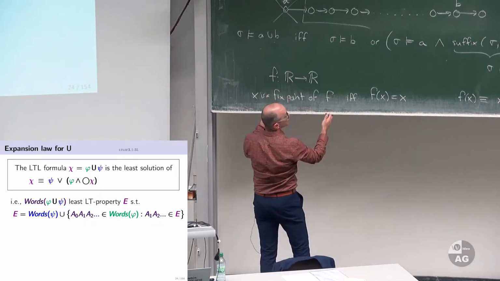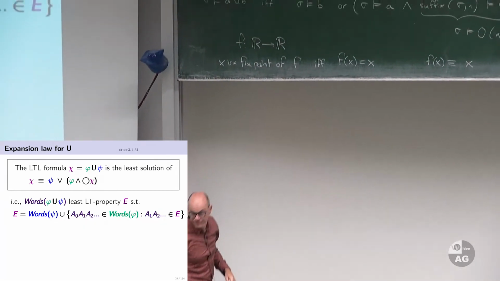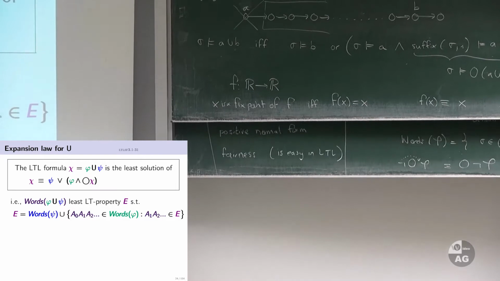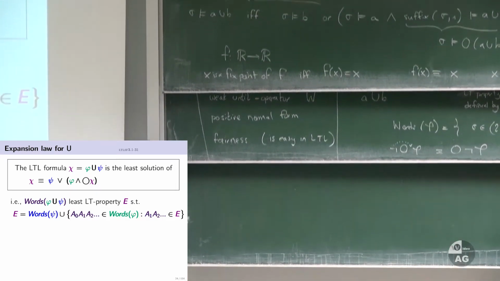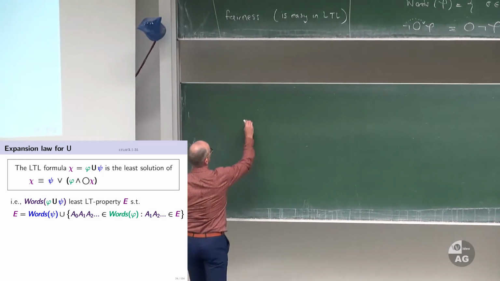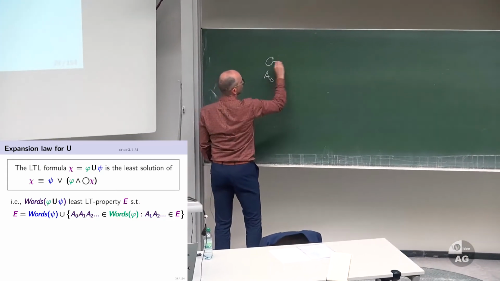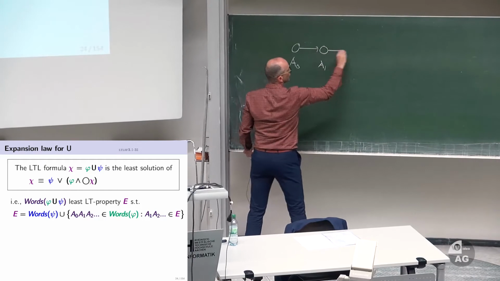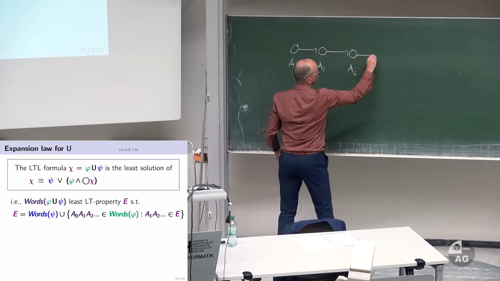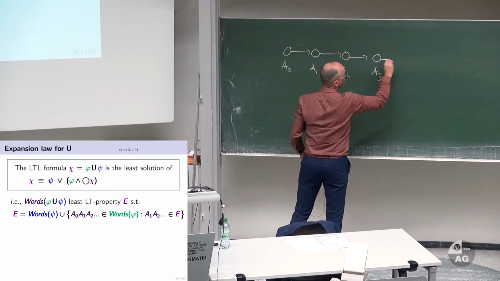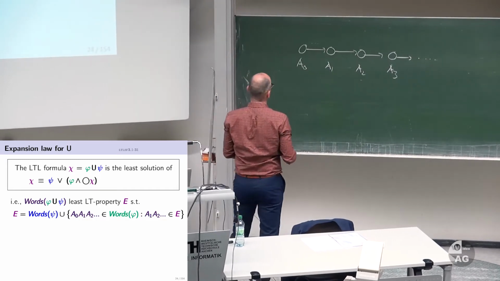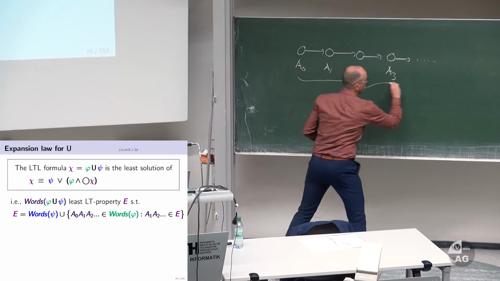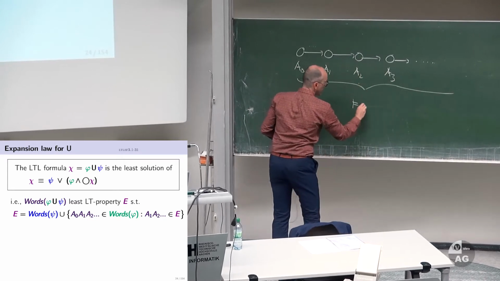So now the sequence is something of the form A0, A1, A2, A3, etc. What this formula says is that this whole thing satisfies phi.